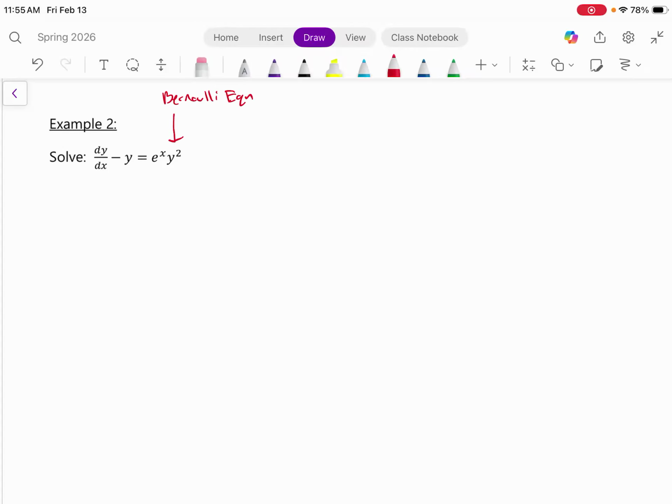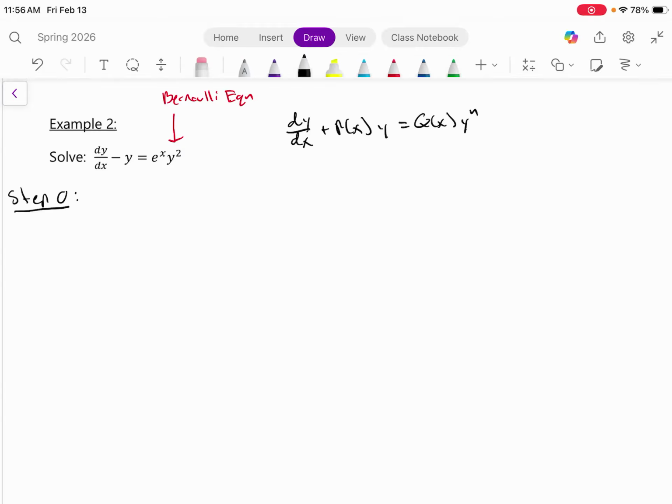So let's go ahead and try to solve this, all right, with our same step-by-step method. So here we'll say step zero. Always start with step zero. Get our equation into standard Bernoulli form. Remember, Bernoulli form is dy over dx plus p of x times y equals q of x times y to some power.